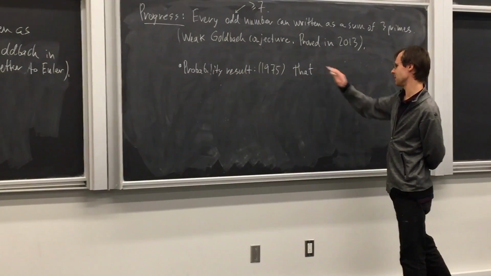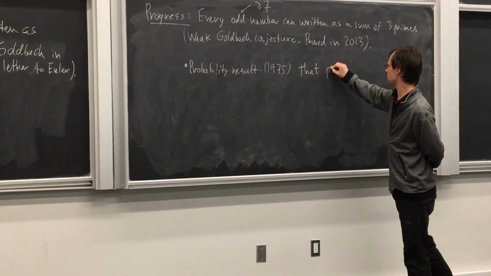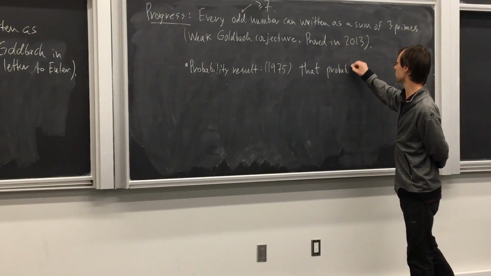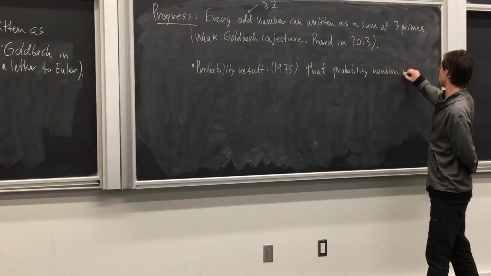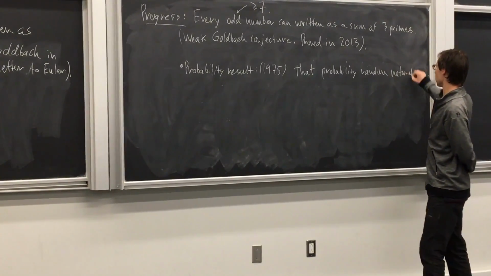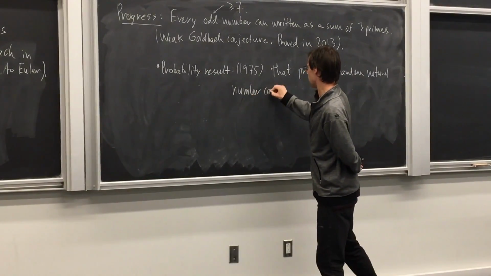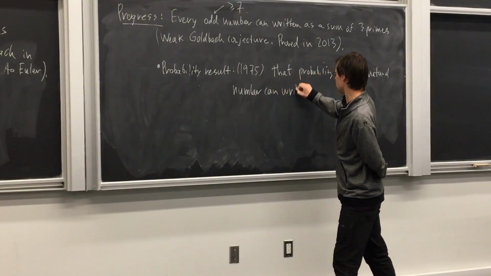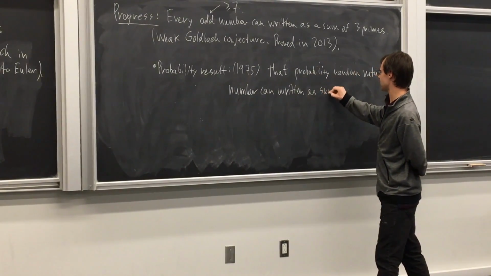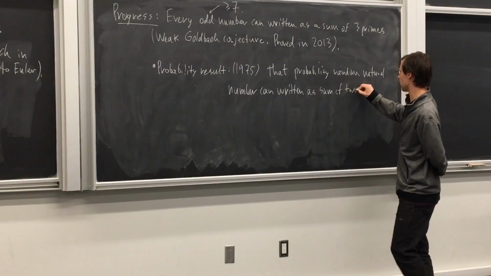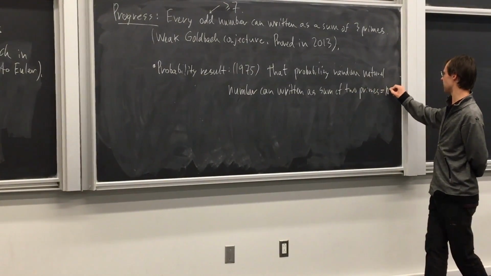So that's a probability result. 1975: the probability that a random natural number can be written as a sum of two primes equals 100%, okay?